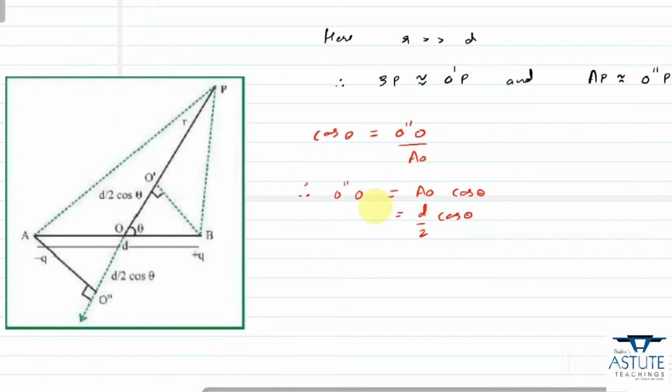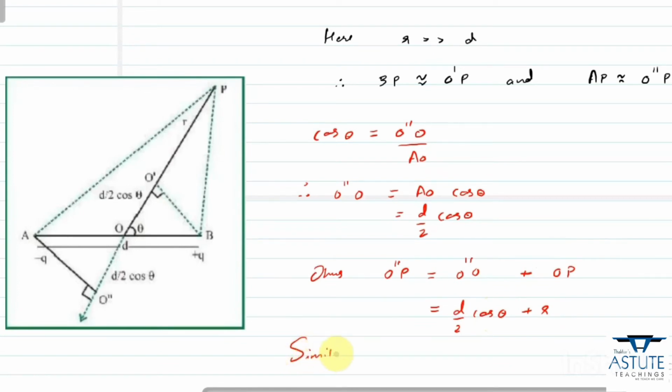But we need to find out O double dash P. So you can see in the diagram that O double dash P will be equal to O double dash O plus OP. We'll substitute the value of O double dash O as d by 2 cos theta and the value of OP as r.